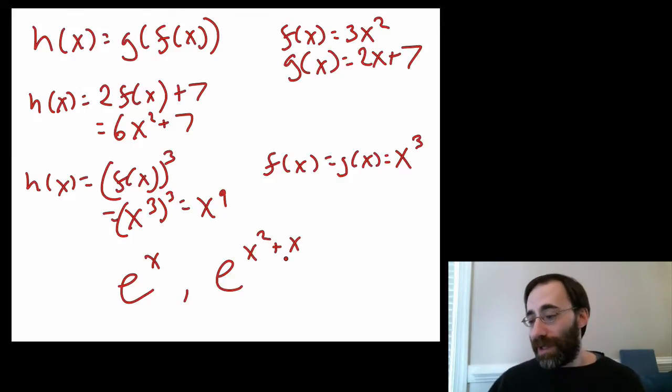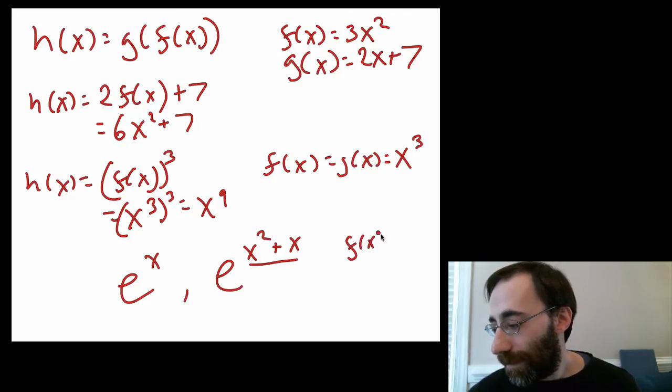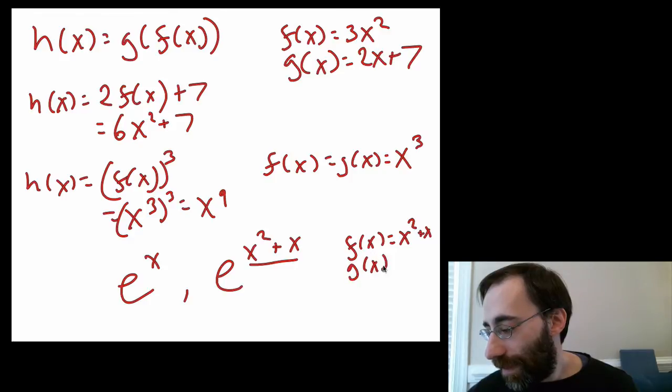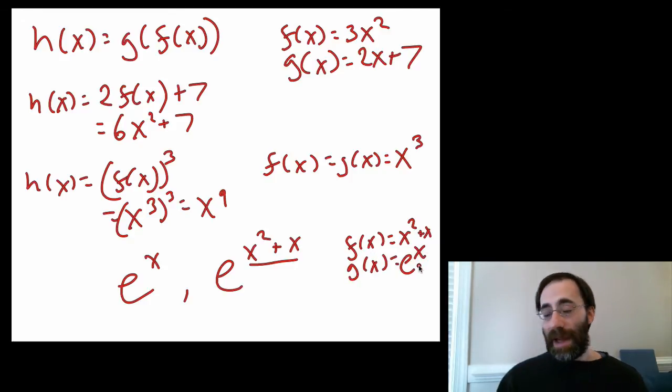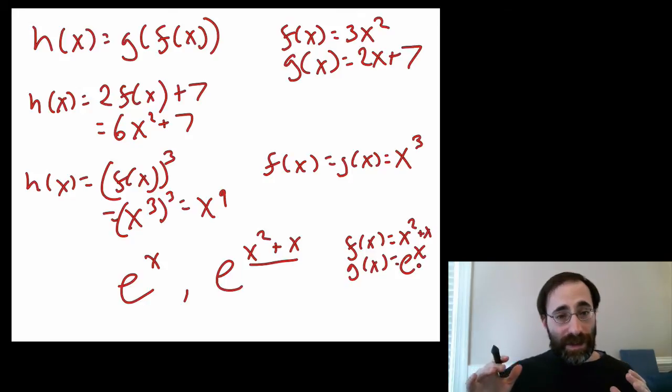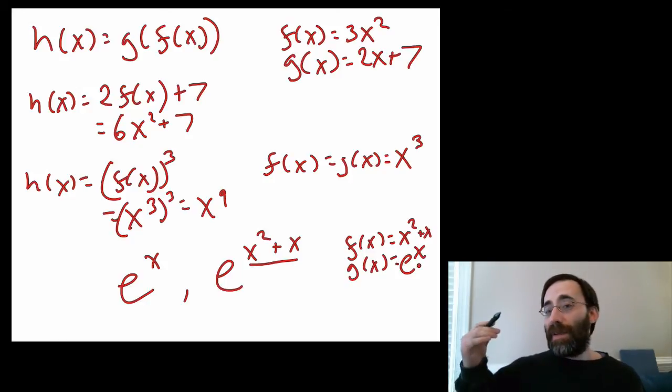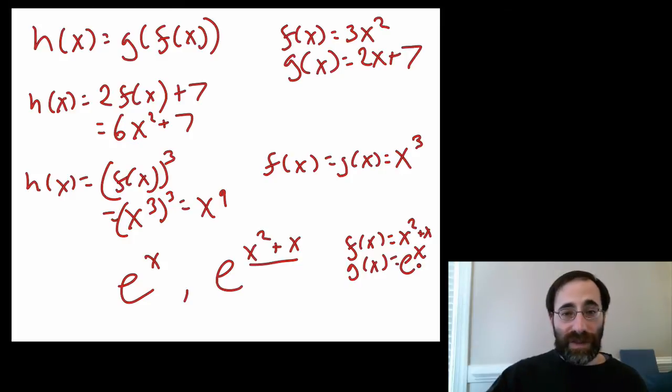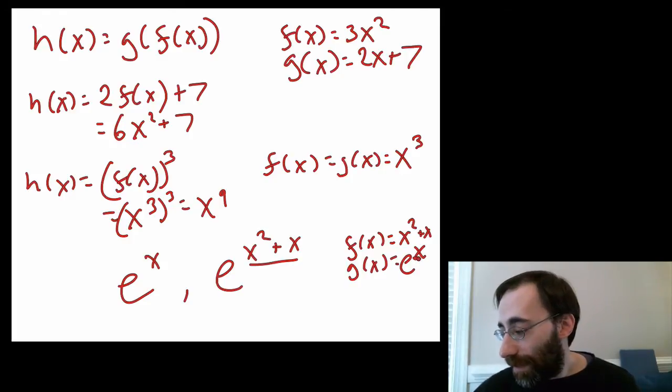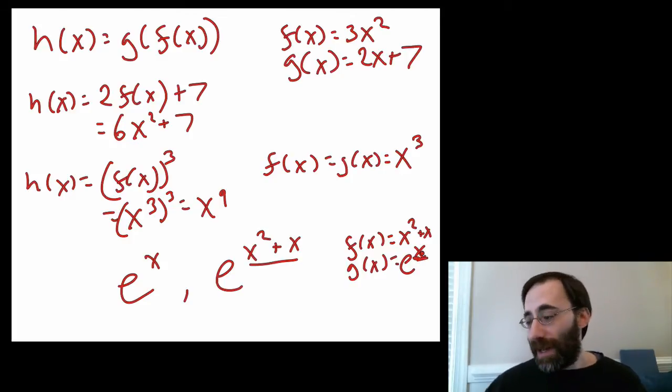And what we're going to do is call this thing f of x, and g of x is this thing, and therefore g of f of x is what you get when you take g and you plug in f of x wherever the x's are in g of x. So there's an x up here, you plug in x squared plus x there, and that gives you this function.